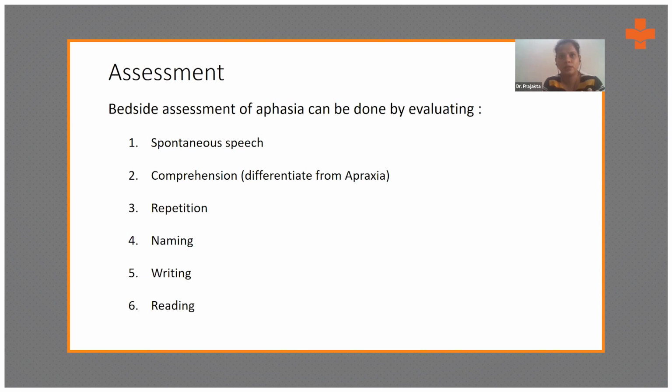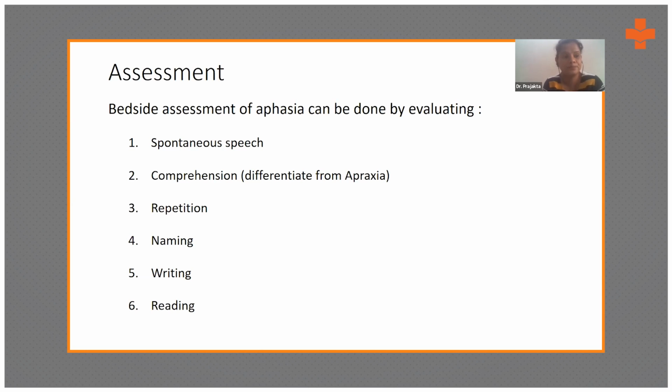Like you could tell them to name animals or name flowers, and check how many in a minute. You put timing to it. Name as many animals as you can, and your time starts now. You'll be given a minute, and then you can see how much naming they do.